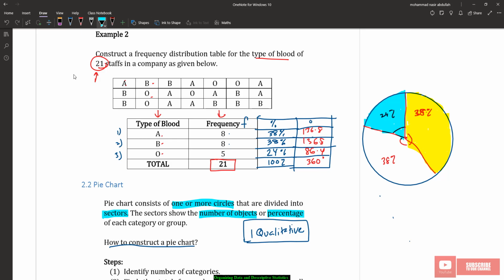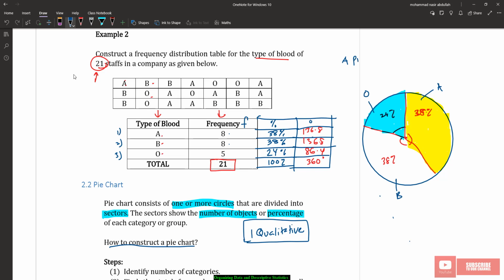Then we need to put some labels. This is for A blood type, this is for B blood type, and this is for O blood type. And of course, for every chart or graph that we construct, we need to have a title. The title should always include the chart type and the variable involved for that chart.